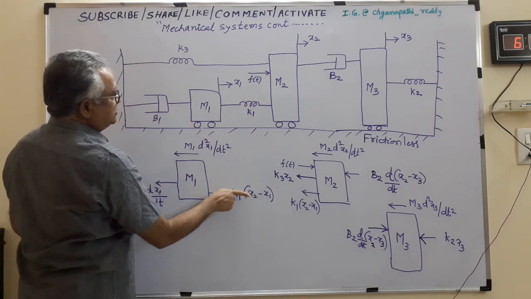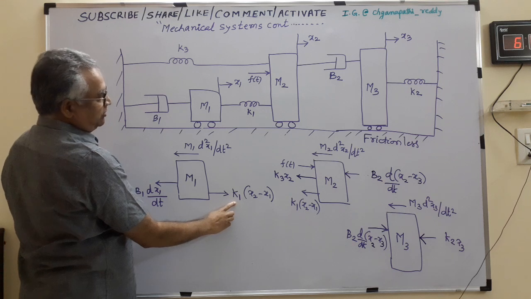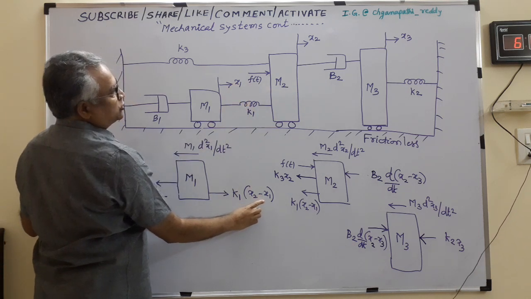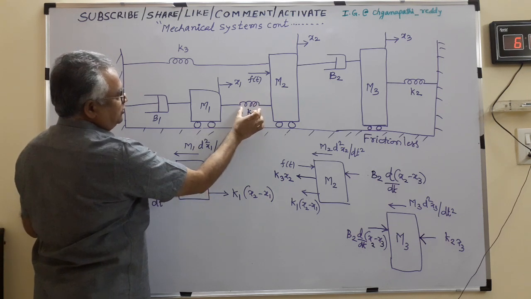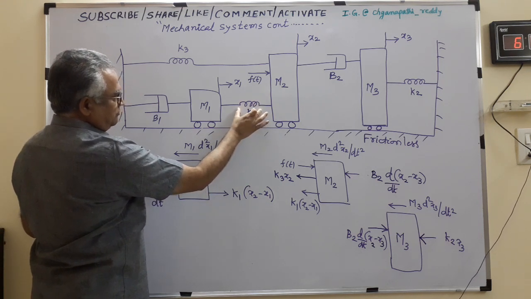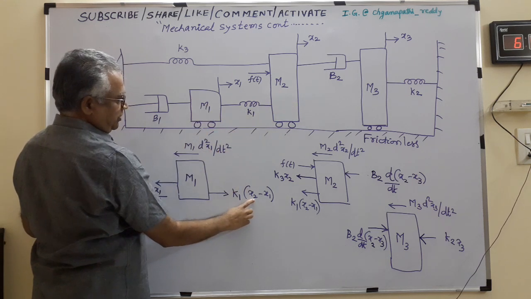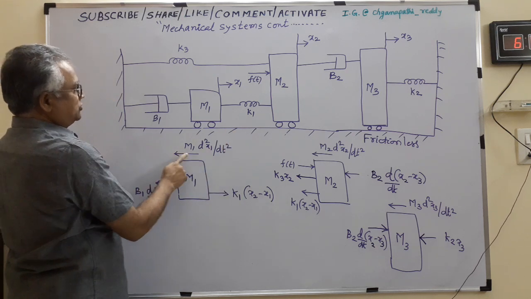So the force this side is K1 times (x2 minus x1), where x2 minus x1 is the total expansion in this spring. So this direction is K1 (x2 minus x1). What is the opposite force?